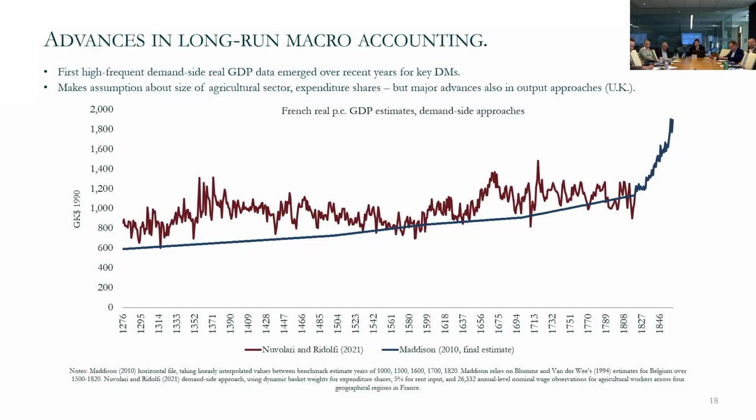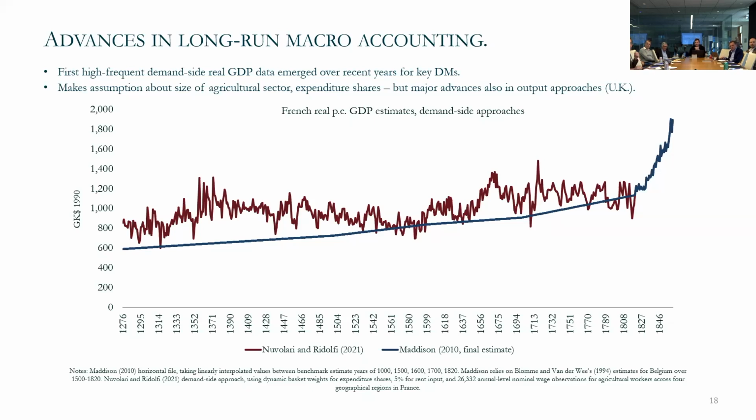What you see here in blue is the estimate of French per capita real GDP made by Angus Maddison in his famous series, starting in 1276 and until 1860. And obviously his data is still regarded by most macroeconomists and finance people as the seminal go-to source for long-run real per capita GDP for all advanced economies.